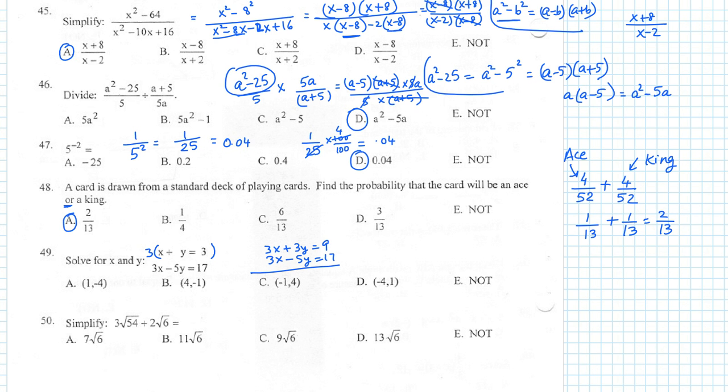So you can subtract the second equation from the first equation. So this will be minus, this will be plus, and this will be minus. So 3x minus 3x is 0, and 3y plus 5y is 8y, and then 9 minus 17 is minus 8. So 8y is equal to minus 8, so divide both sides by 8.